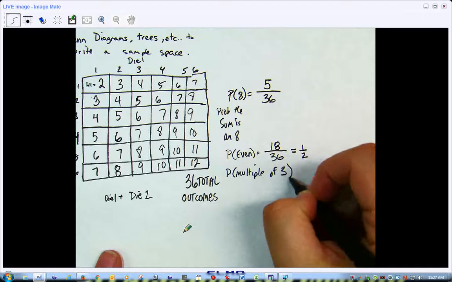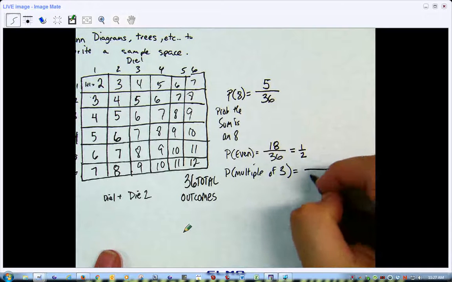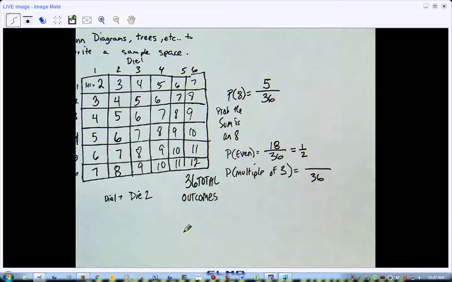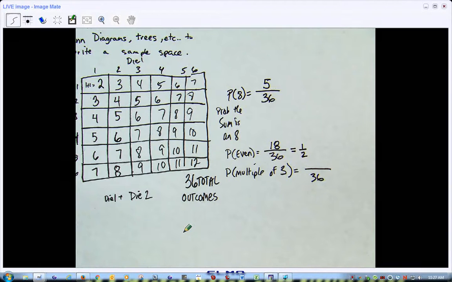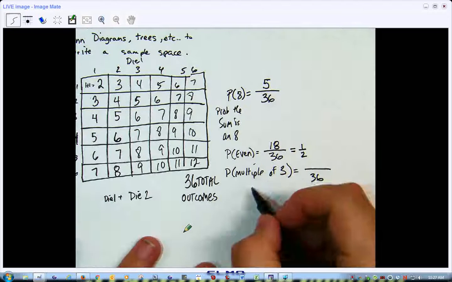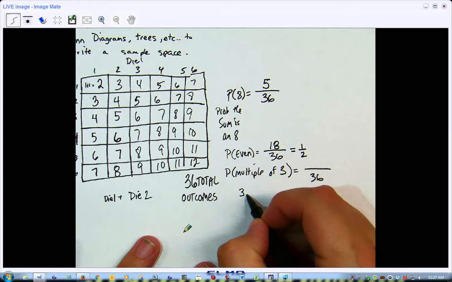The nice thing is, if I say, hey, what's the probability that the answer is a multiple of 3? So you have to ask yourselves, right off the bat, how many are there? There's 36, right? Now your multiples of 3 would be 3, 6, 9, 12.